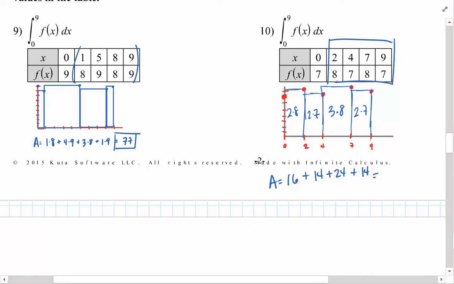And it appears that the total area for this example comes out to be approximately 68 square units.